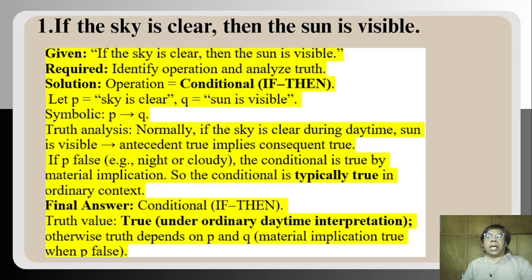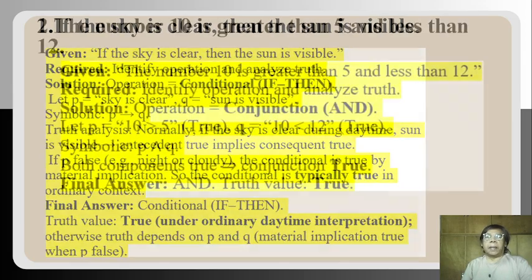So the conditional is typically true in an ordinary context. So the final answer: conditional, if-then. Truth value: true, under ordinary daytime interpretation. Otherwise, truth depends on P and Q; the material implication is true when P is false.